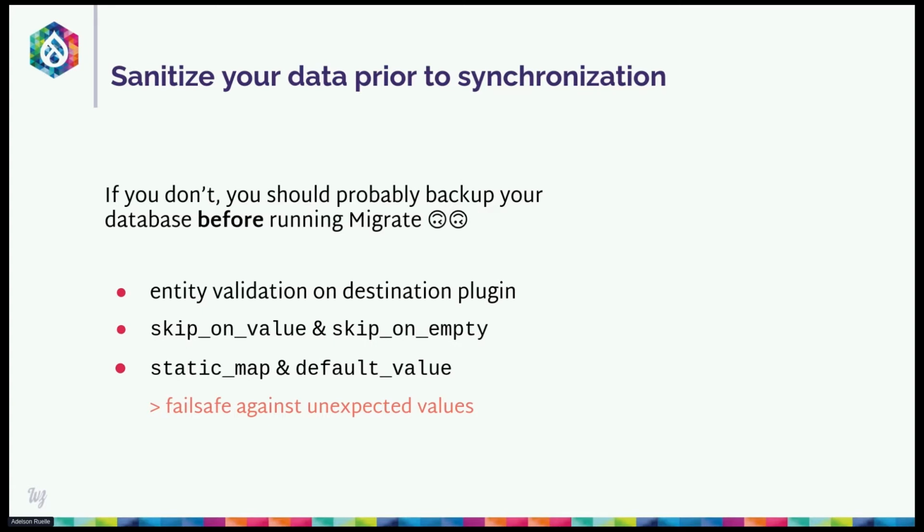You can map incoming data to outbound data, meaning you can map specific values to outbound values. And if the inbound value is not in the map, you can tell the process plugin either to skip the row or provide a default value. So that's really neat, and you should use that. Then the default value, well, it just does what it says on the box.